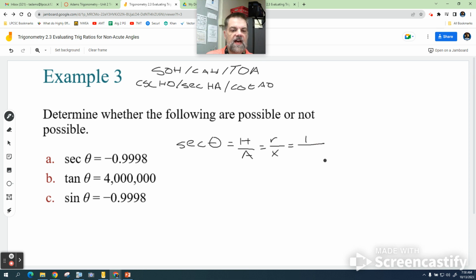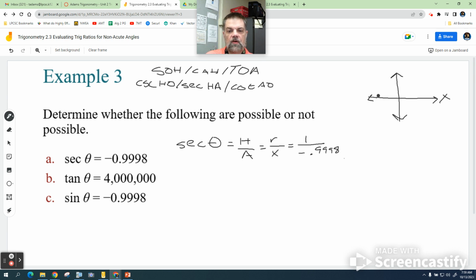Therefore, if this is the value, my x value would have to be negative 0.998. So that means that my x value has to be negative 0.998, and my radius is 1.